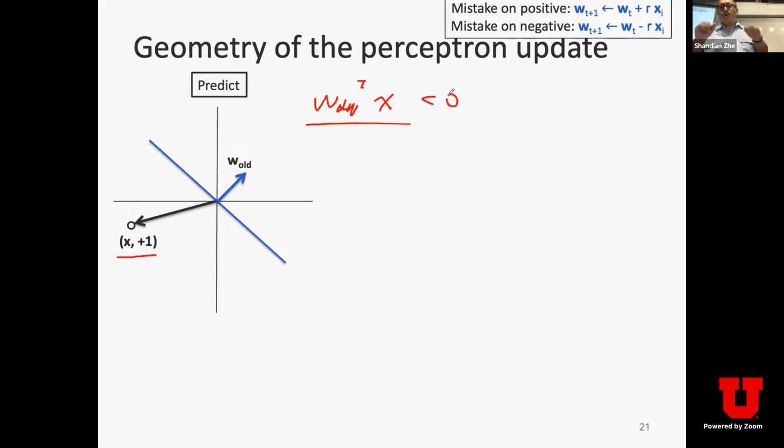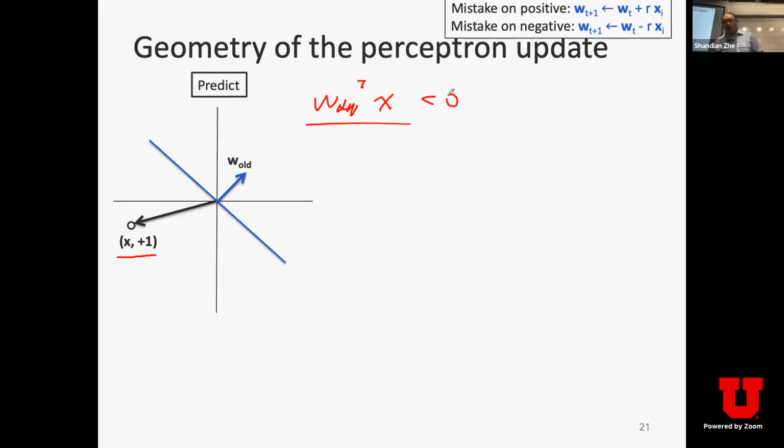But you just need to recall what you have learned, perhaps in high school. Why is this inner product negative? So let me repeat.